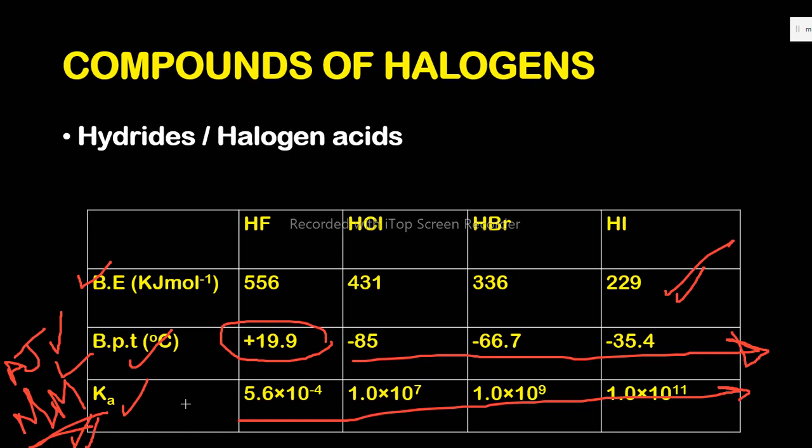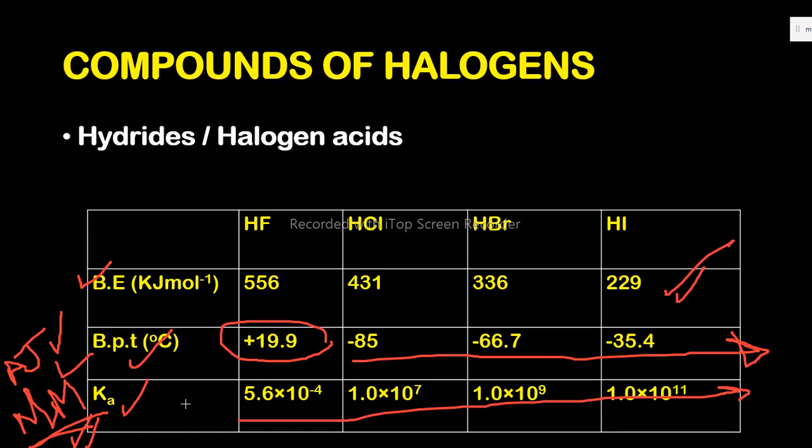However, fluorine is different because it has a very small radius, and so it strongly attracts the electrons, making the bond short and hence strong.